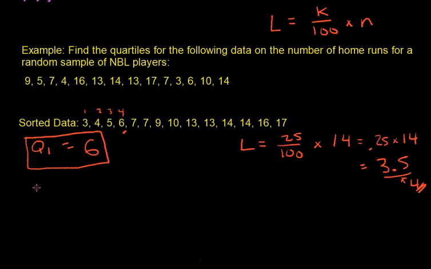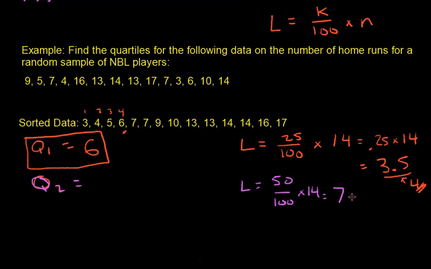All right, now let's talk about calculating the second quartile. Let me change colors actually. To calculate the second quartile, the same thing as the median, I can still use this equation: 50 over 100 times 14. So 0.5 times 14 gives you 7.